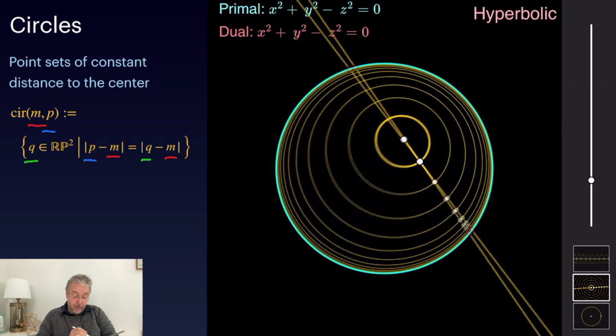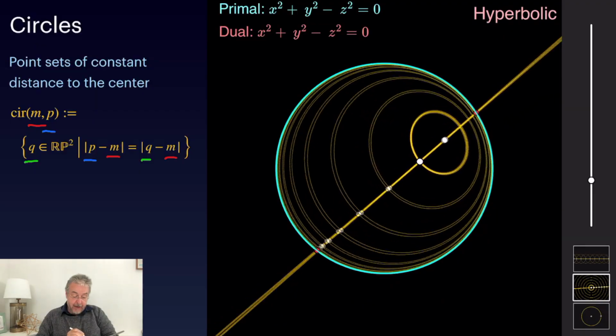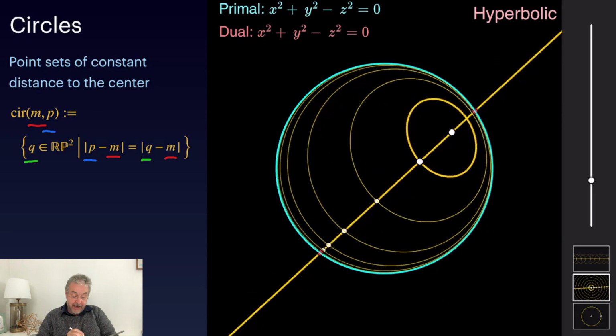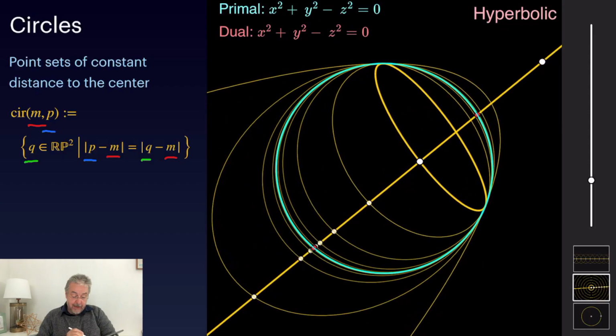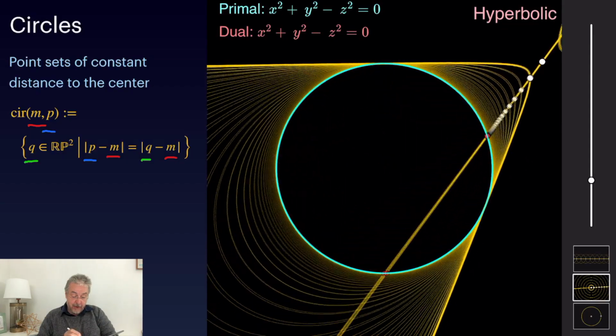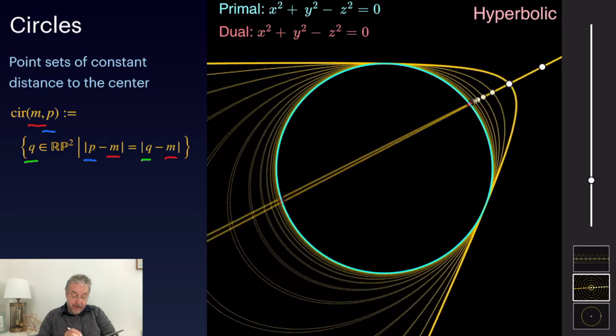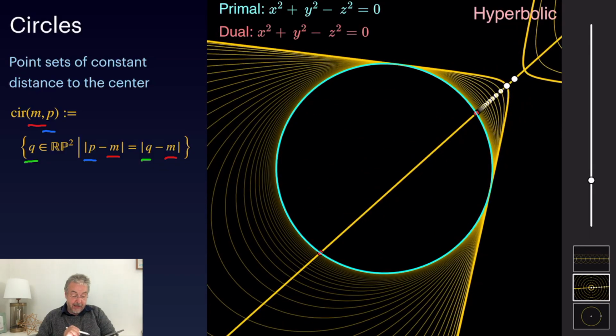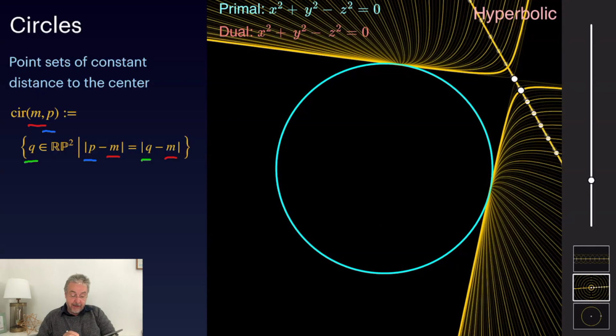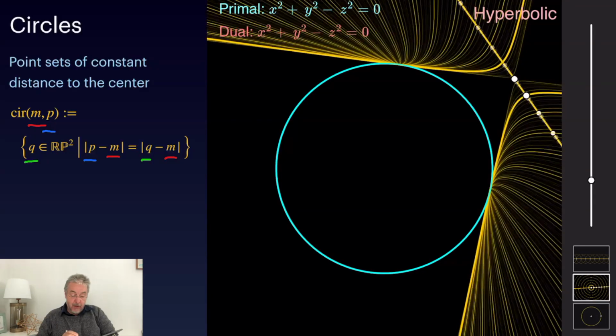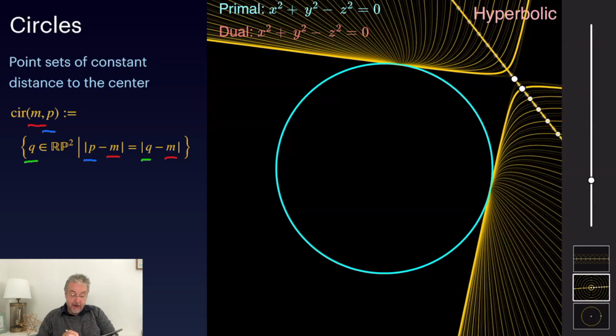So let's move my interior point at the center to the outside, and let's move the other point to the outside as well. And you see what I get is a kind of chain of hyperbolas, which are circles in our world, and for the elliptic case, situations will look like that here.